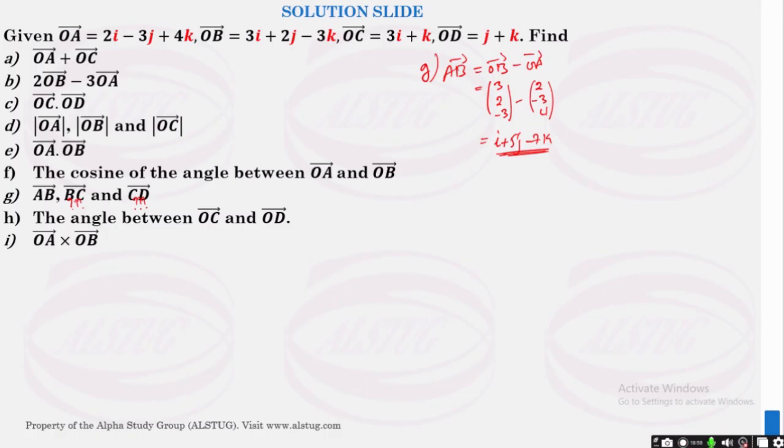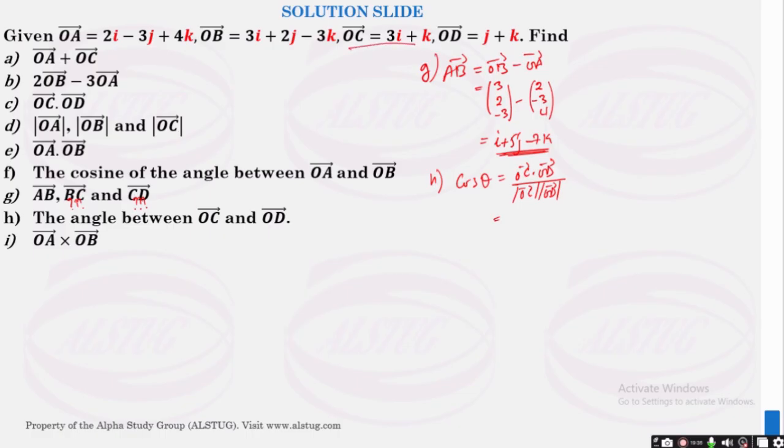Now H says the angle between OC and OD. Let's do it here. Now we are well aware that cos theta should be equal to OC dot OD divided by magnitude of OC, magnitude of OD. Of course, you can start taking your formula from here. So we need to do OC dot OD.